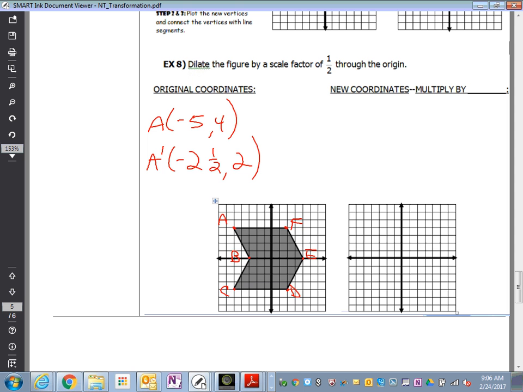This is so long for our homework. Now this is everything that we've learned.